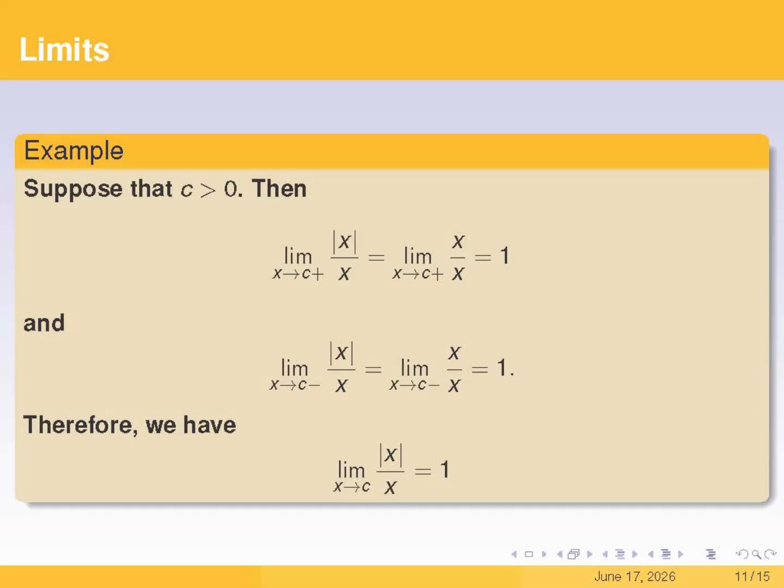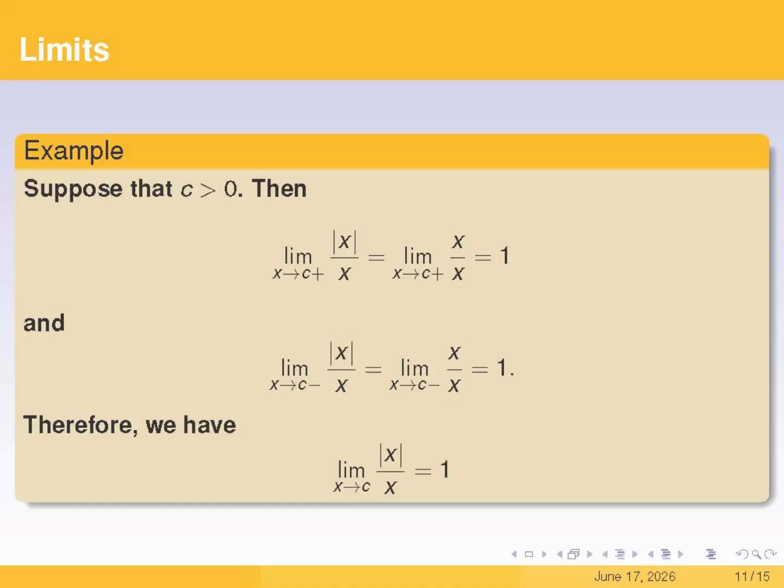Continuing with the previous example, for the same absolute value function, let's consider the limit as the variable x approaches a real number c, where c is assumed to be greater than 0. When considering the right-hand limit, that is, as x approaches c+, the absolute value of x still becomes x. Therefore, the right-hand limit is still 1. When considering the left-hand limit, as x approaches c-, even though x must be less than c, because c is positive and x can get arbitrarily close to c, x is still positive.